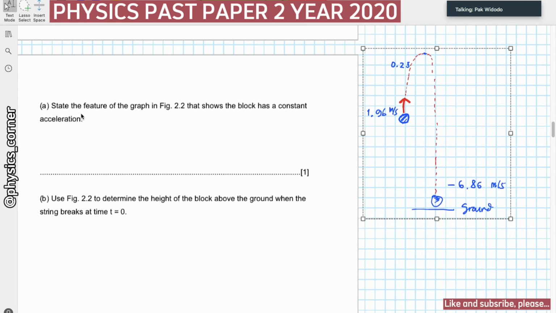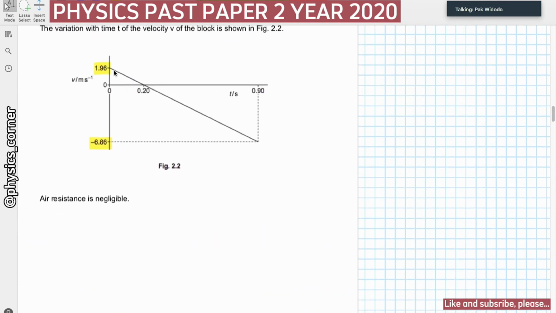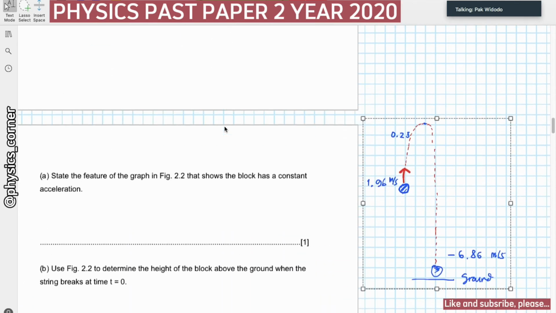A: state the feature of the graph in 2.2 that shows the block has constant acceleration. Because it is a linear graph, the change in velocity per time is constant.